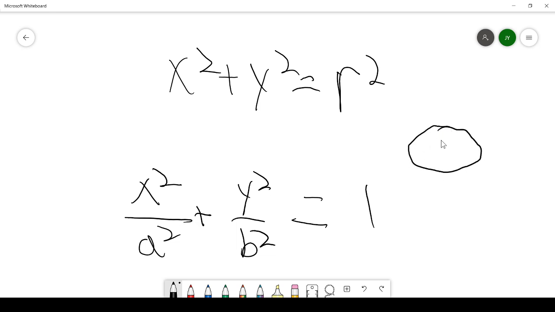A is the distance from one of the sides, from the center point, while B is from another side. Because in this case, we are showing the shortest distance and the longest distance. This also means that the more eccentric the ellipse is, the bigger the disparity between the A value and the B value.